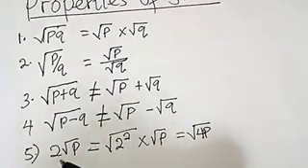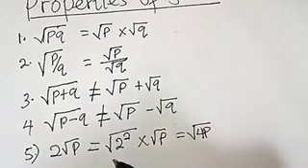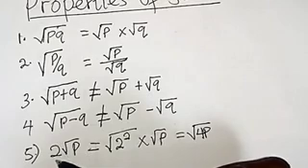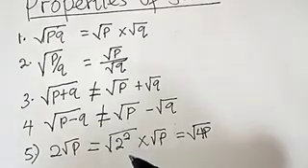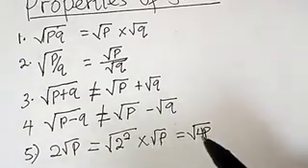So you take the constant outside that's multiplying the square root, square it, and put it inside the square root. Then the operation here is multiplication, so I can join them together inside the bracket.